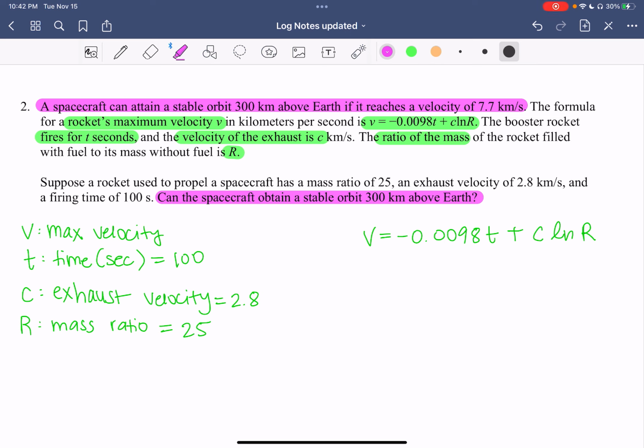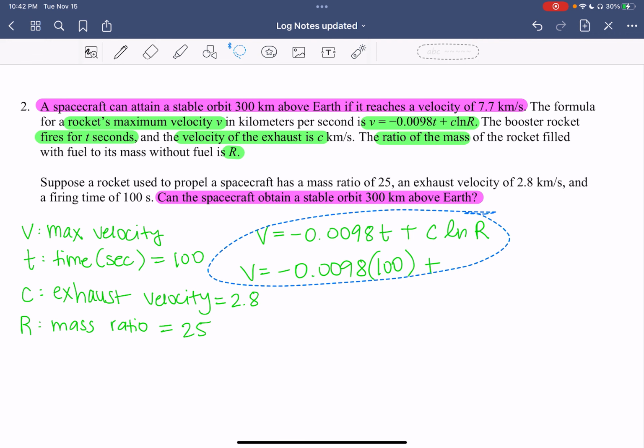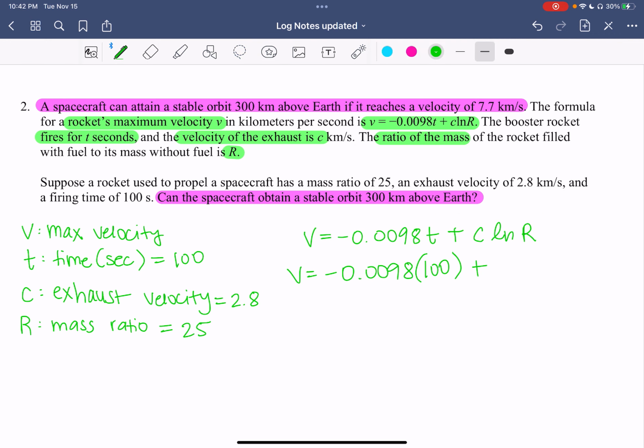So let's plug in all the numbers we have. v equals negative 0.0098 times t, which is 100 seconds, plus c, which is 2.8, times the natural log of r, which is 25.